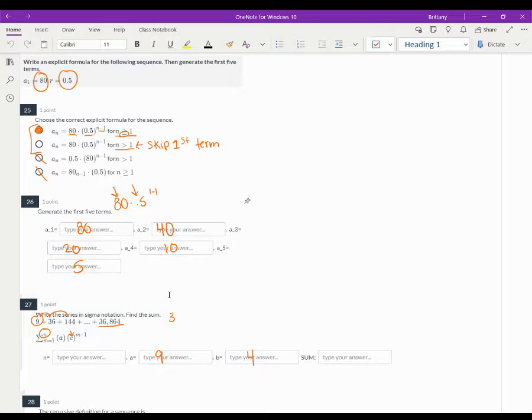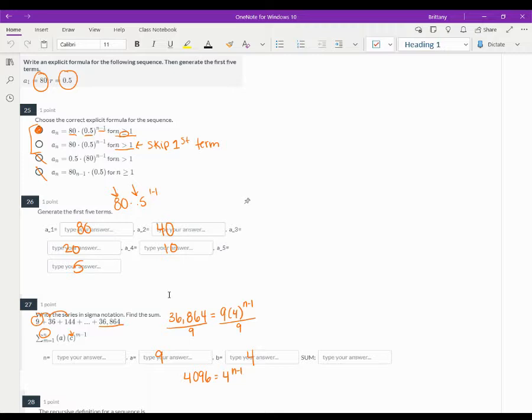So 36,864 equals 9 times 4 to the n minus 1. So I want to divide both sides by 9. And that gives me 4,096 equals 4 to the n minus 1.